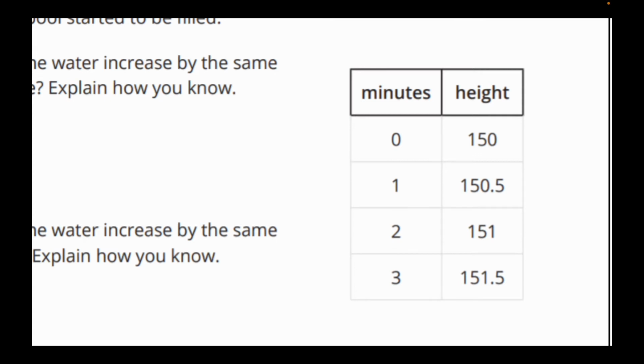So this is just like analyzing slope, if you've done that before. This is 1 minute that's gone by here, and right here, we have 0.5 in height. This next step is 1 minute, and again, it looks like we have 0.5 in height.